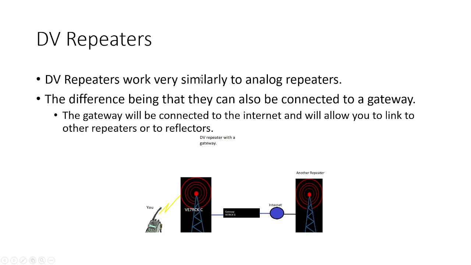The difference is that they can also be connected to a gateway. And the gateway will be connected to the internet, which will allow you to link to other repeaters or to reflectors, or for other repeaters to link to your repeater and you'll hear them. It can work both ways.